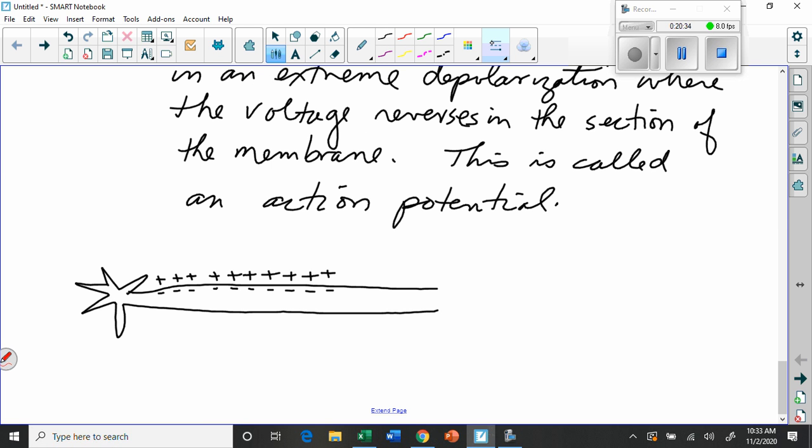Because of the disturbance, the potential has reversed. This reversal happens to be, if I just draw a little arrow here, this is the action potential.